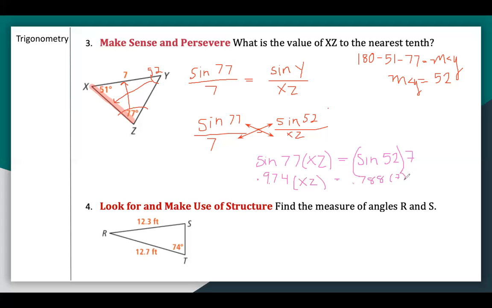Well, 0.788 times 7 is going to be 5.51. That should be equal to 0.974 times XZ.